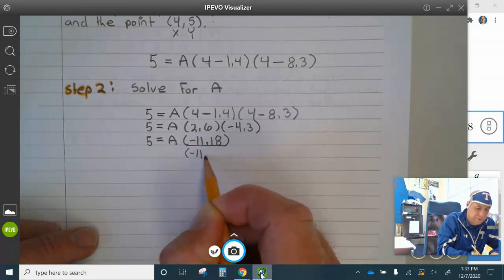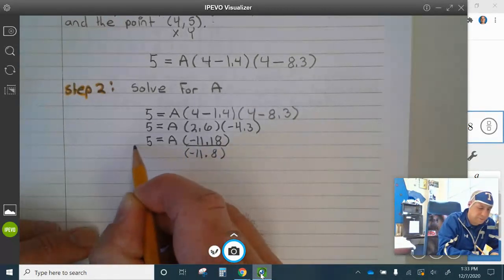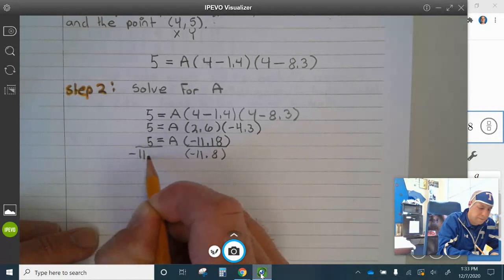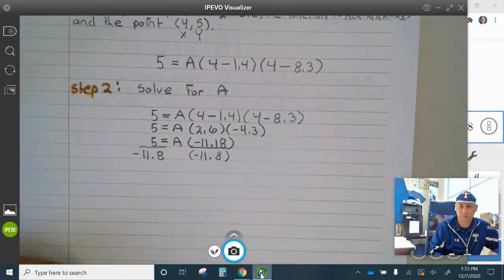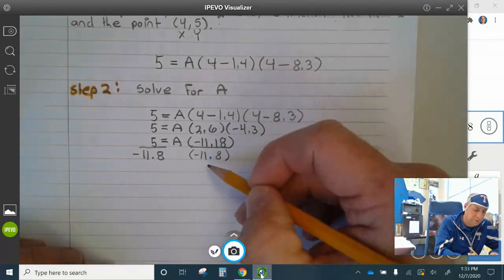All right, now we divide both sides by negative 11.18. So this divides and becomes 1.